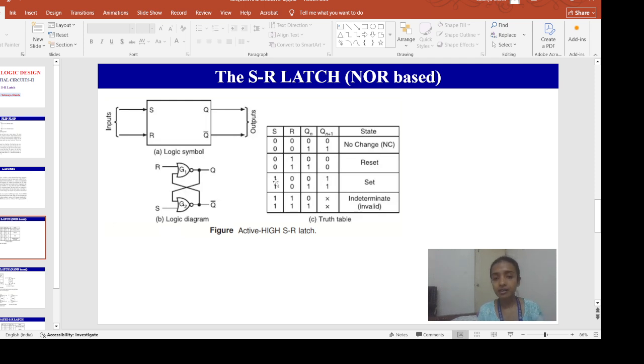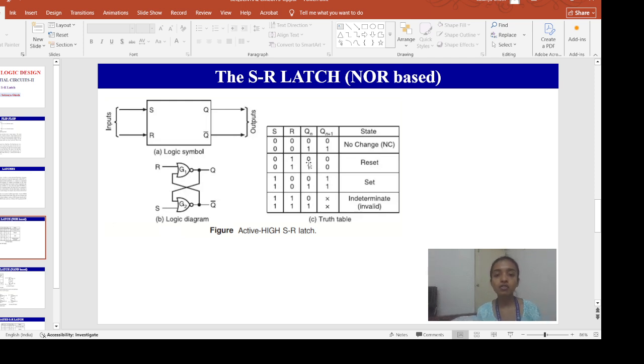You can see here also, set is 1, reset is 0, present state is 0, Qn plus 1 will follow the state of set only. So Qn plus 1 will be 1. Again, if present state Qn is 1, Qn plus 1 will be 1, because set is 1.